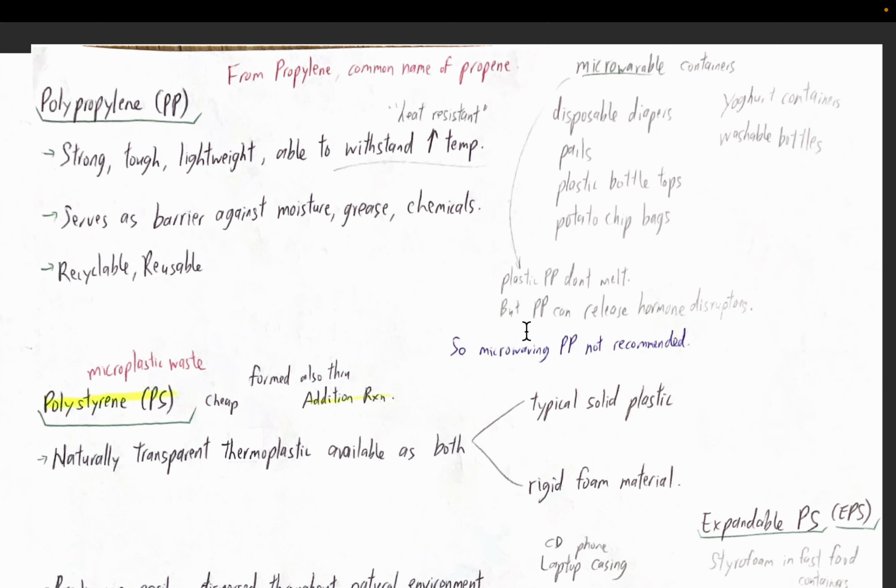If you want to be really safe, you can just use something that doesn't release hormone disruptors. Glass containers for food, metal containers perhaps, that kind of sort. So aside from microwavable containers, what's made from polypropylene are disposable diapers, pails, plastic bottle tops, potato chip bags, yogurt containers, washable bottles, that kind of sort.